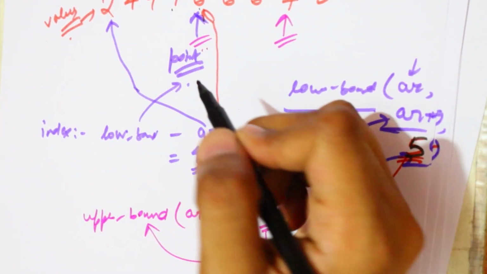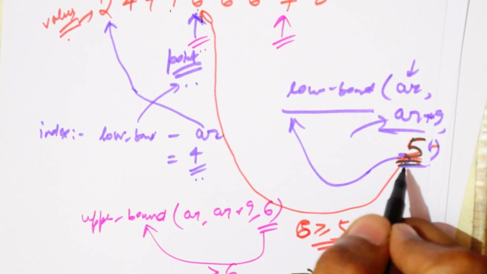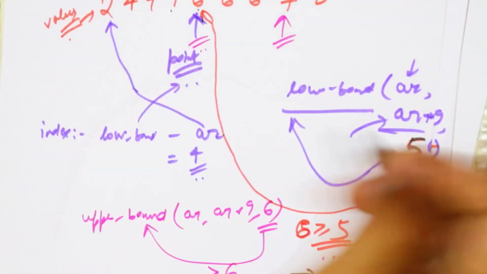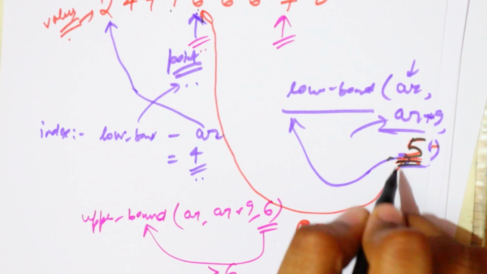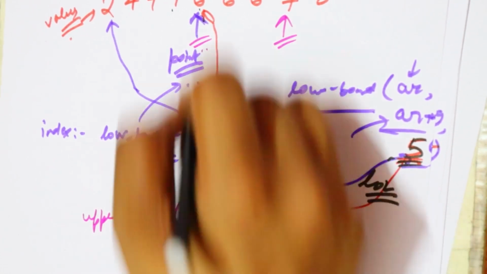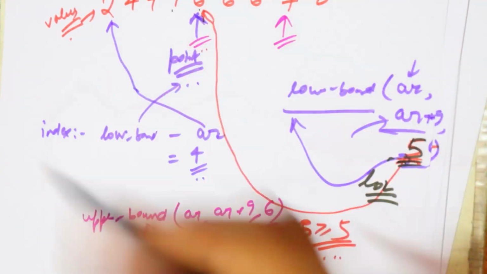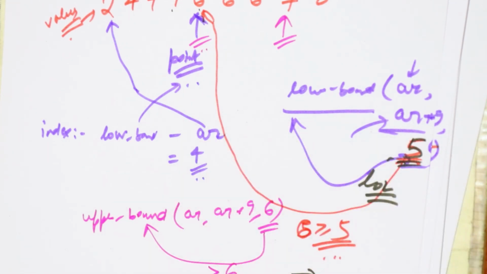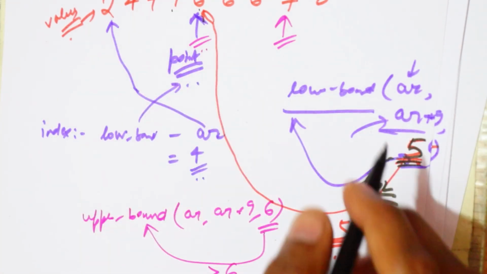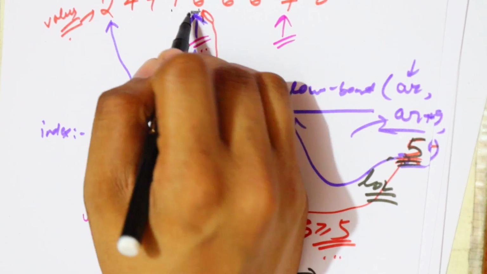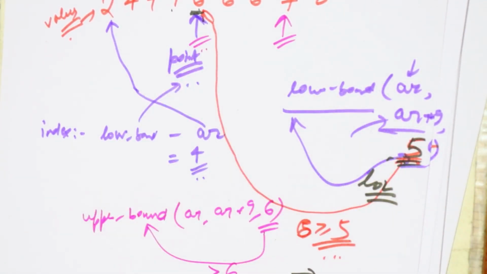But if the element 5 is in there, the lower bound will have the answer 5. And if it is not there, then we will not have the answer 5, but we will have an answer which is bigger than this. But still, how about 4? It is never used actually. So what are you saying actually?